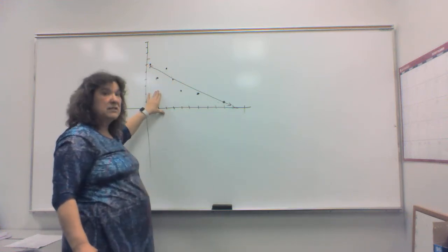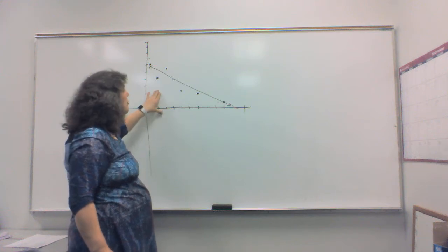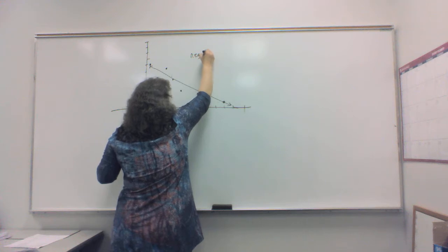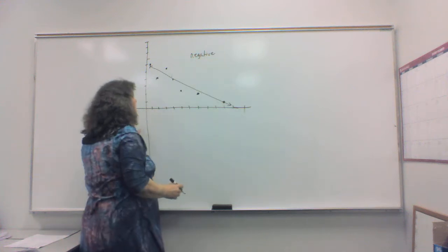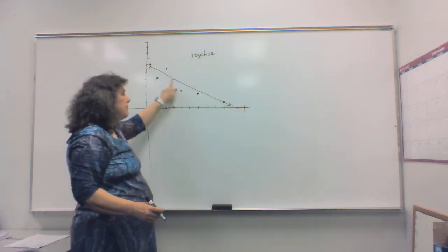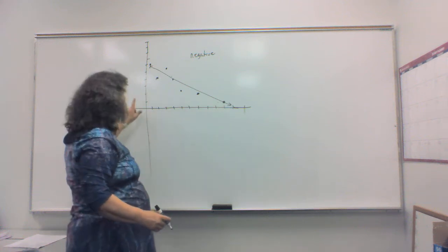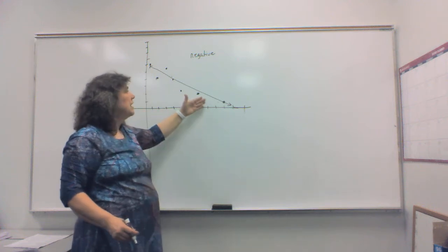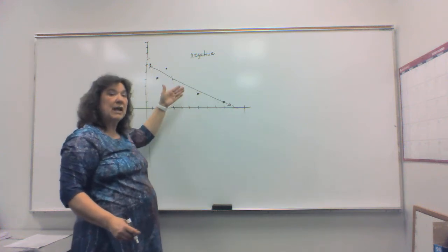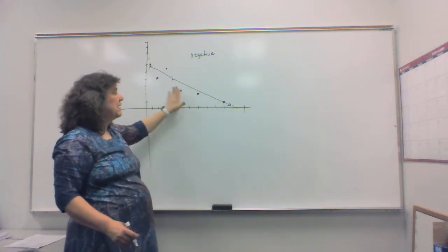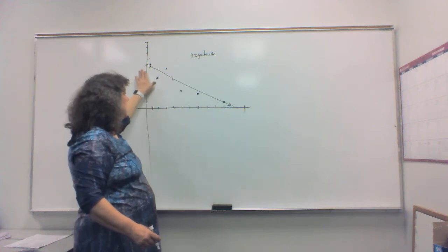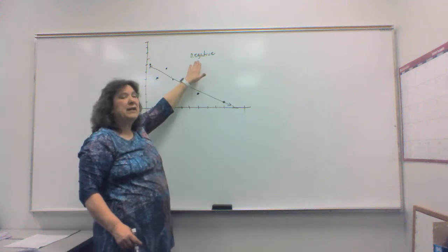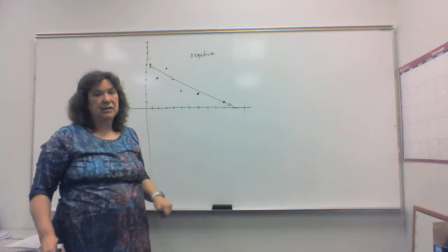Therefore, this is a correlation. It is a linear correlation, and this one is a negative correlation because your line is running in a falling direction as you move from left to right, just like the slope of a line. You can see how your correlation looks very much like a slope of a line, even though you may not calculate it, but it is definitely a negative direction slope. Therefore, it is a negative correlation, okay?